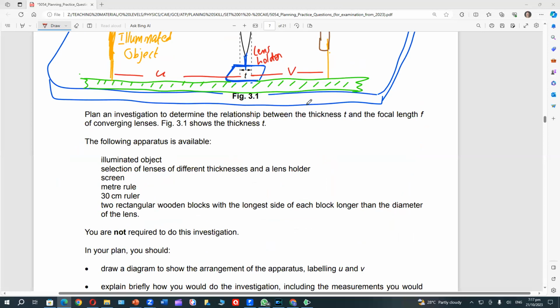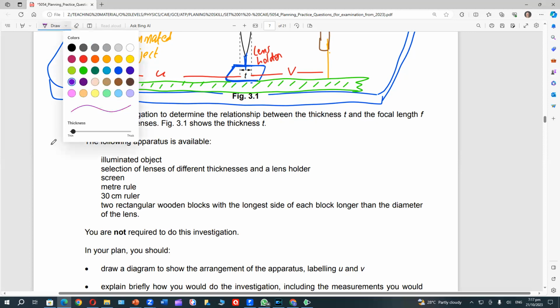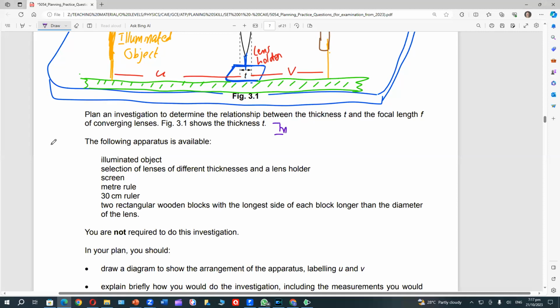Now the plan is there. We can change the thickness. We can take different lenses. Independent variable is thickness.